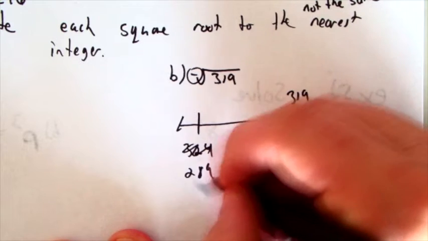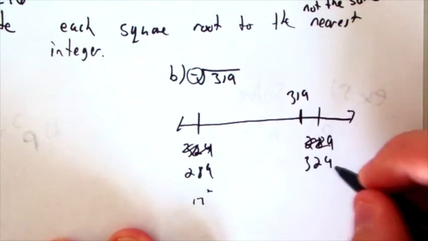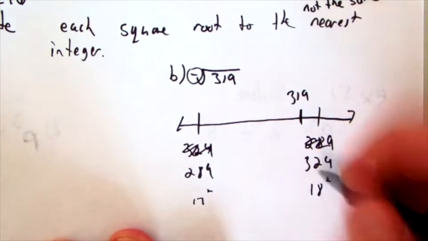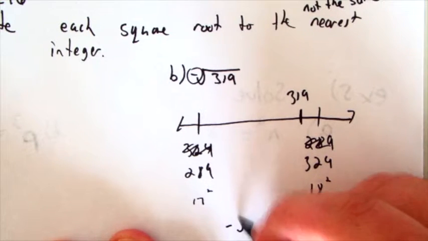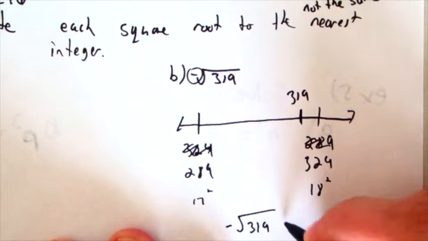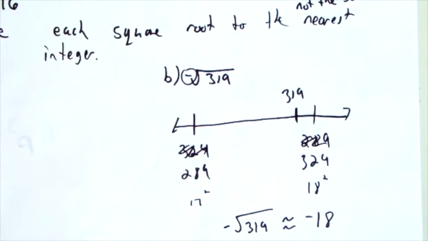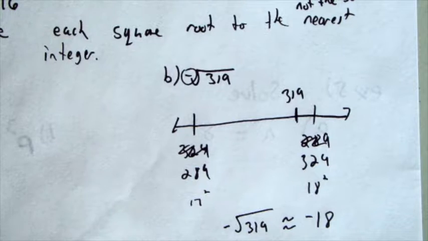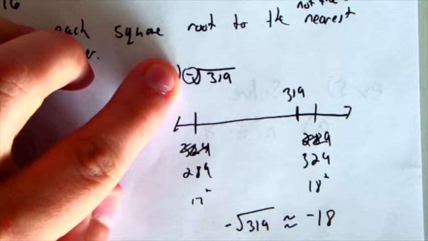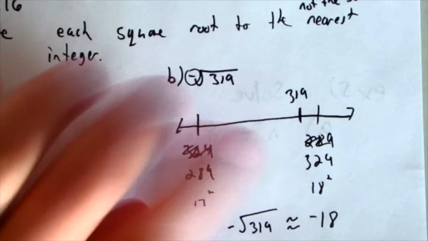Because 289 is 17 squared and 324 is 18 squared, the negative square root of 319 is about negative 18. The estimate for the square root of 319 is 18. It's asking for the negative square root, so we'd be looking at negative 18.